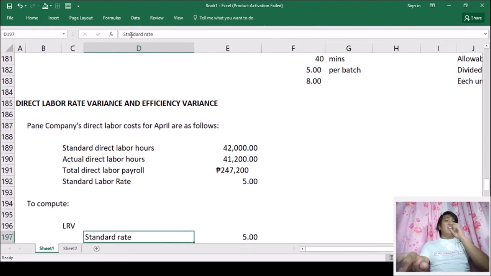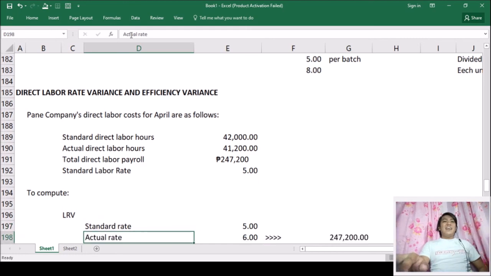To compute the labor rate variance, it is the same as the material price variance. We need to differentiate the standard rate and the actual rate.